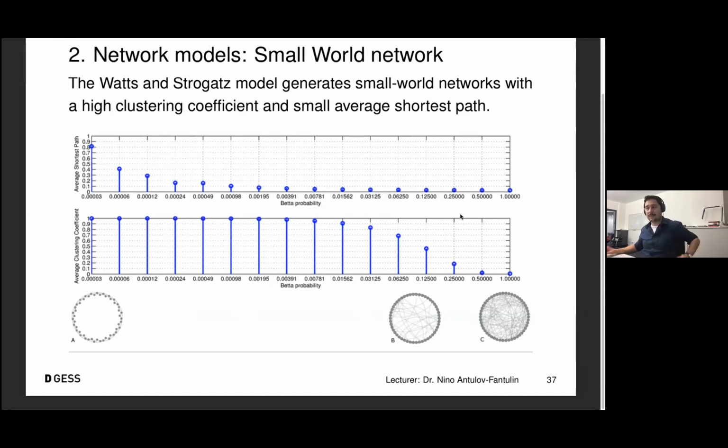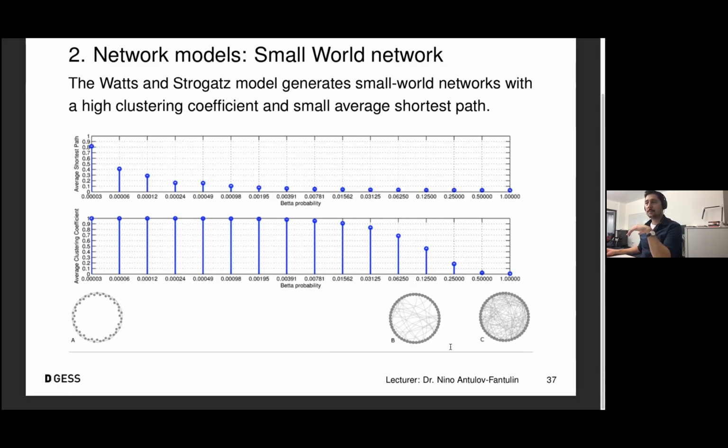Okay, and now as this probability beta of rewiring is changing, you would be changing also the statistical properties of the network that you are getting. When this is 1, you would be getting a completely random network. For 0, you would be getting a regular graph, and in between you would be getting something that has nice properties, meaning that the average shortest path starts to decay, so it becomes quite low, and you would have an average clustering coefficient that is still high.